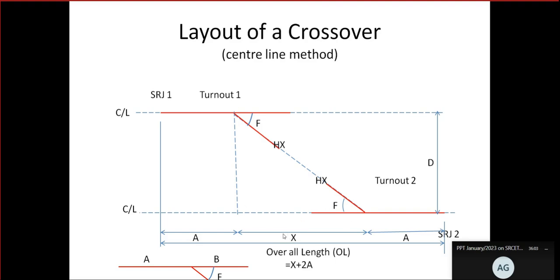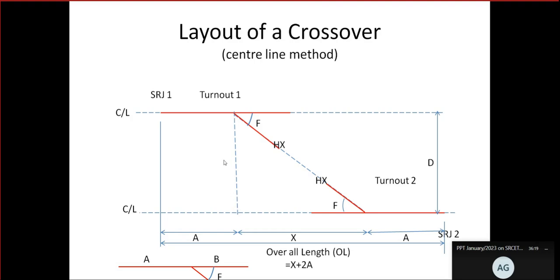What do you need? For any triangle, if you know the angle and one side, you will be able to find out the other side. Here the distance between the two tracks is D. That means the opposite side is known.